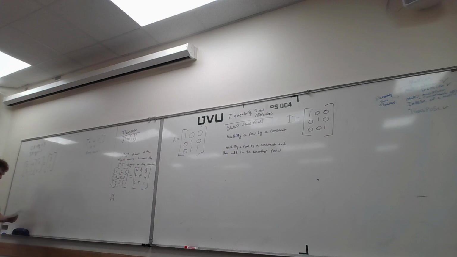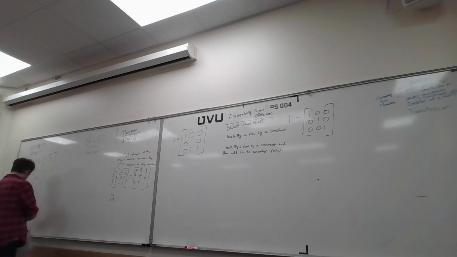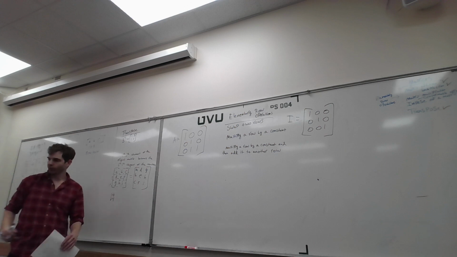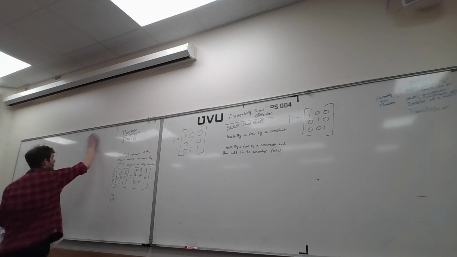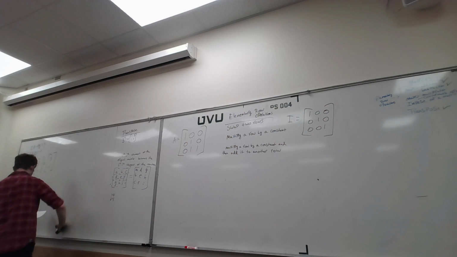This is a 2 by 2, this is a 2 by 1, and the result will be a 2 by 1. So let's just ignore this x and y for a second. We won't forget where they are, but we don't need them for the moment.